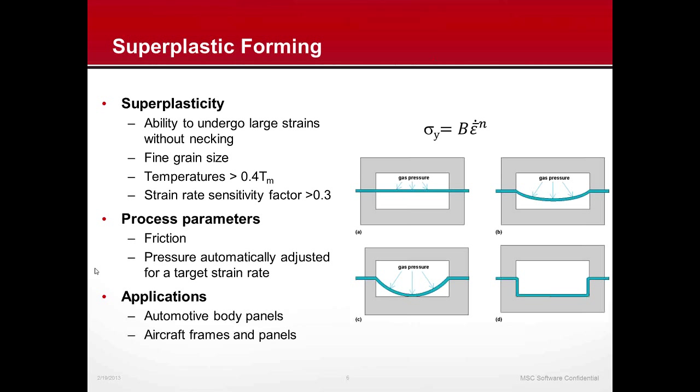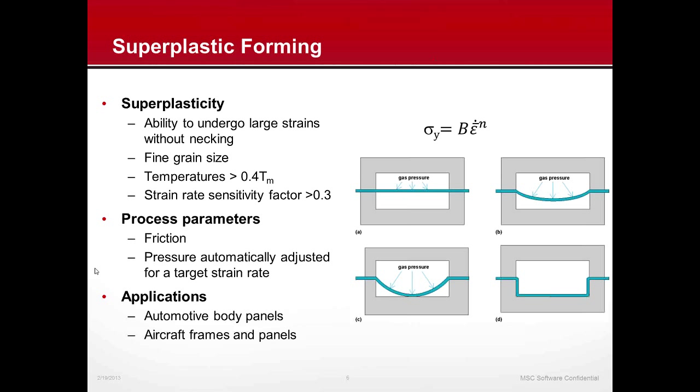So today I'm going to show how to perform the superplastic forming simulation using Marc. So that is the example I'm going to use. And some of you may be aware that superplasticity is the ability of a material to undergo very large deformations with strains sometimes exceeding 1000% without necking.